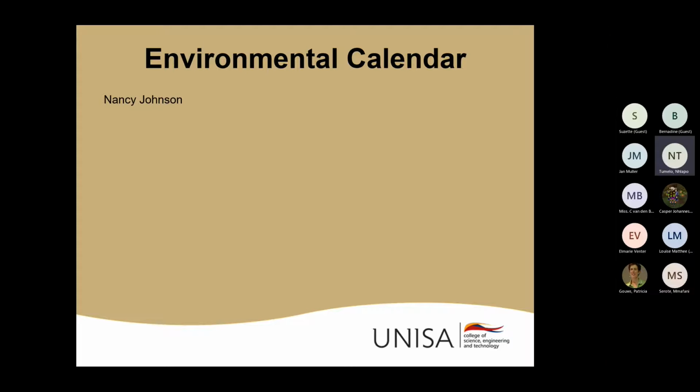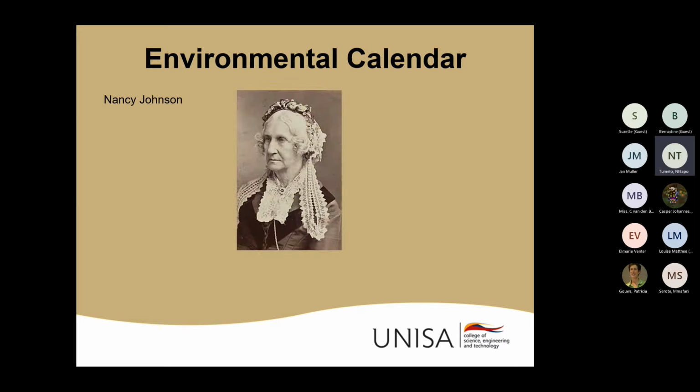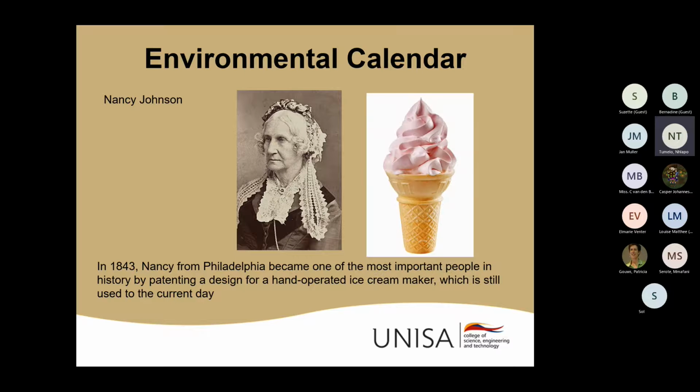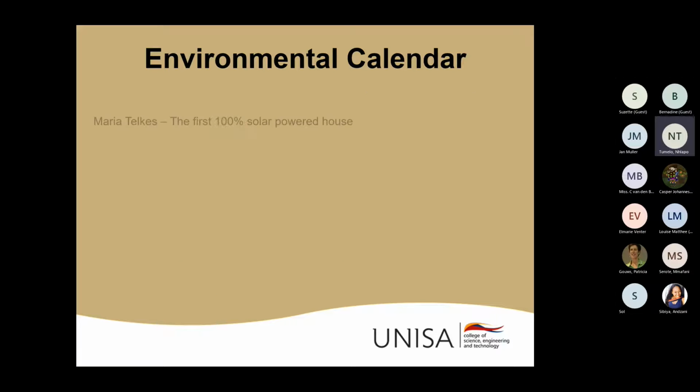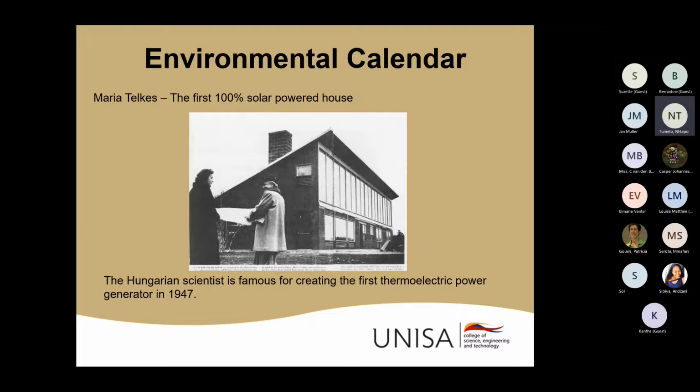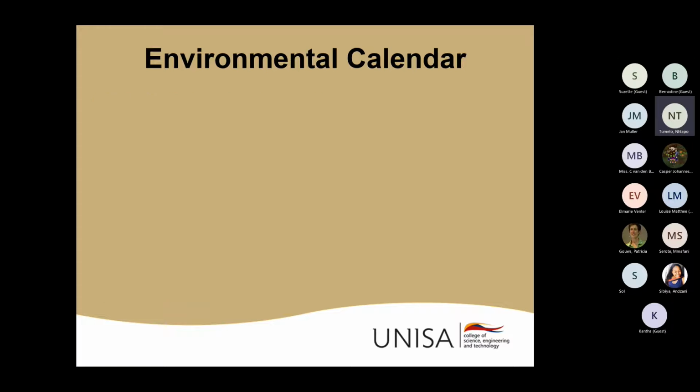And then a lady called Nancy Johnson created an ice cream maker, in 1843. So big ups to the ladies. And in 1947, a lady called Maria created the first 100% solar powered house. This is so amazing, what the ladies are doing out there.